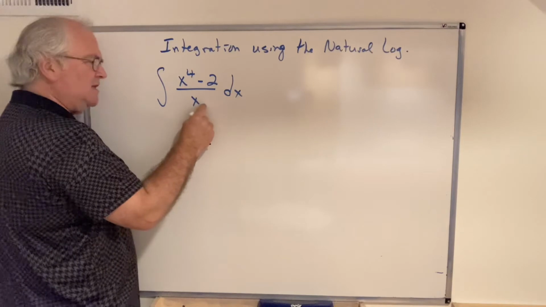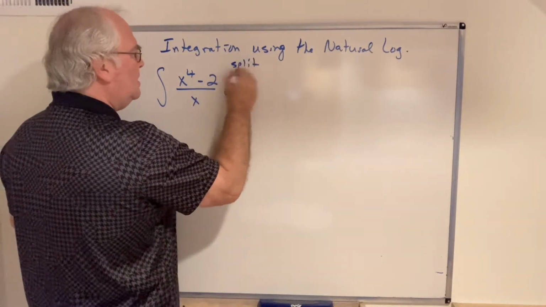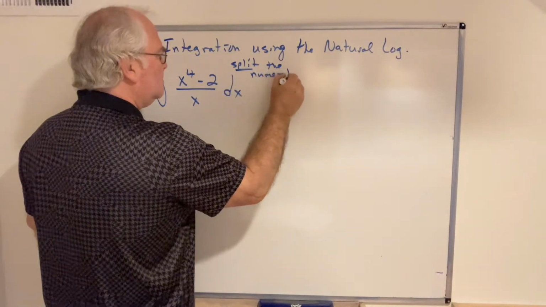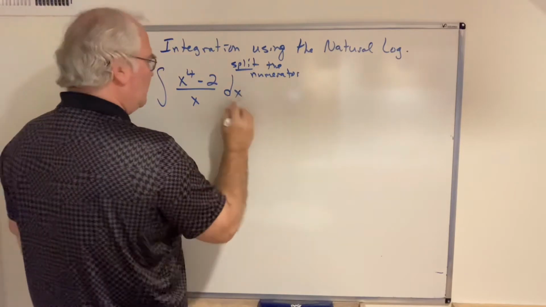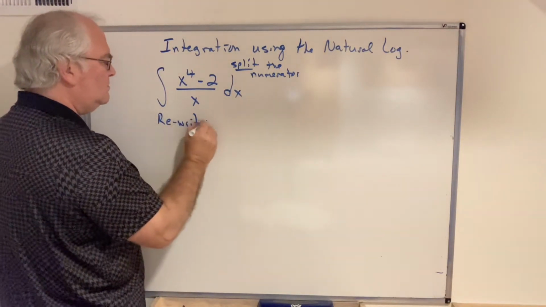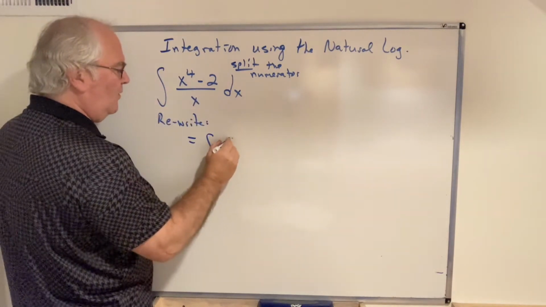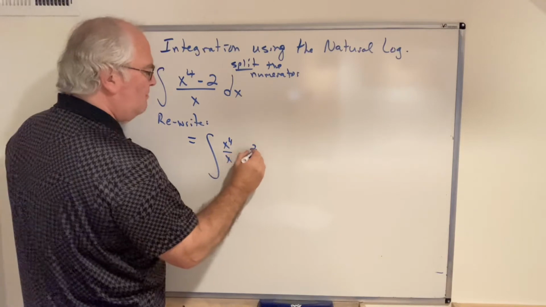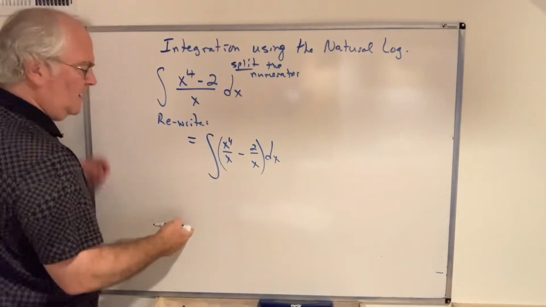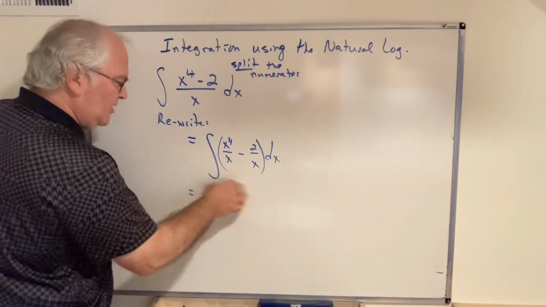If the denominator is a single term, very often what works is to split the numerator. And so I'm going to rewrite and split the numerator: x to the 4th over x minus 2 over x. Very often you don't necessarily need to, but you could split this into 2 separate integrals.